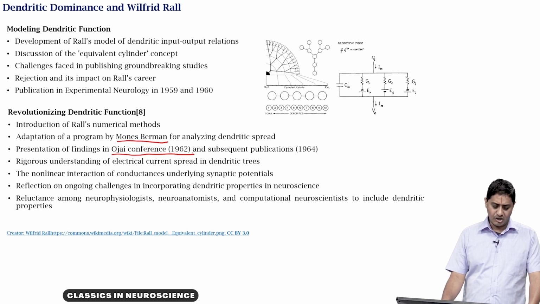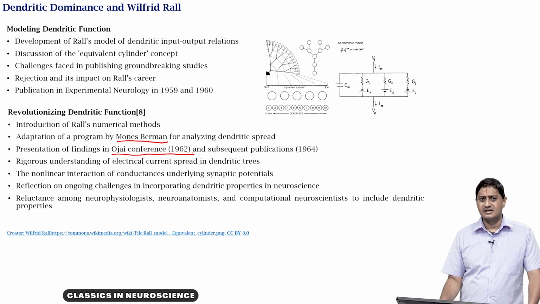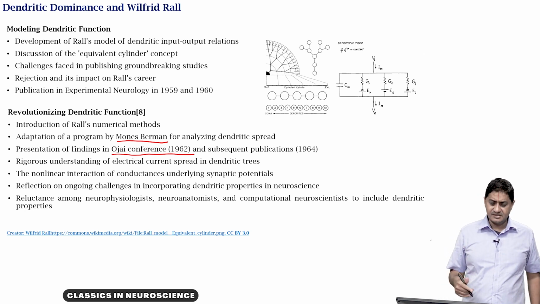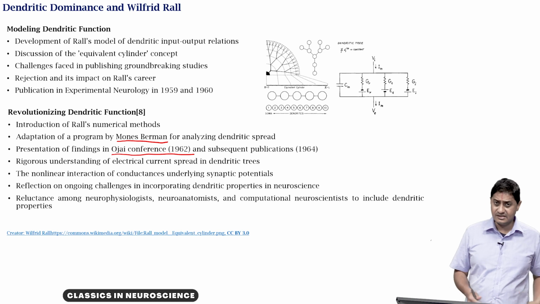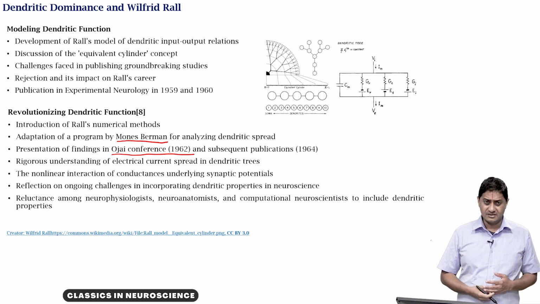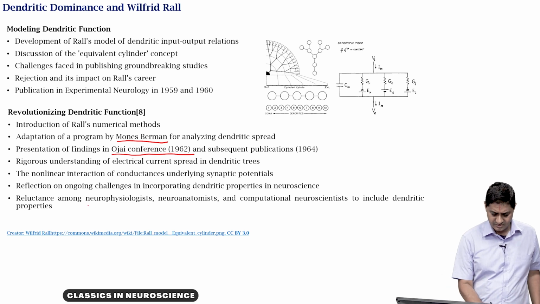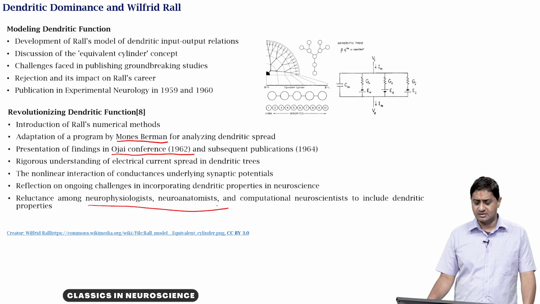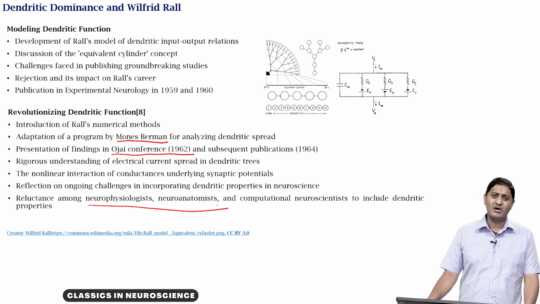So, there was this non-linear interaction of conductances that underlied synaptic potentials in dendrites. It also demonstrates the specific challenges in incorporating properties of dendrites in neuroscience. There was considerable reluctance among neurophysiologists, neuroanatomists, and computational neuroscientists to use this kind of models.